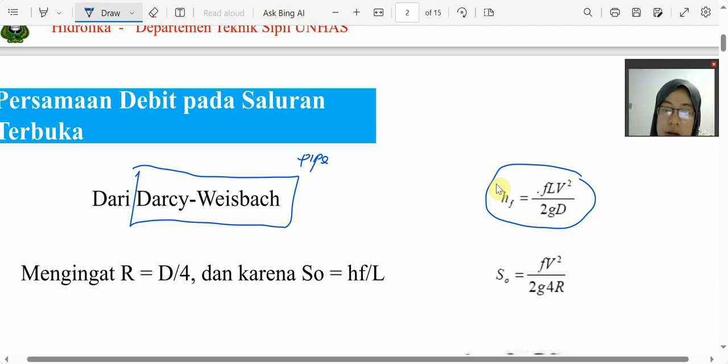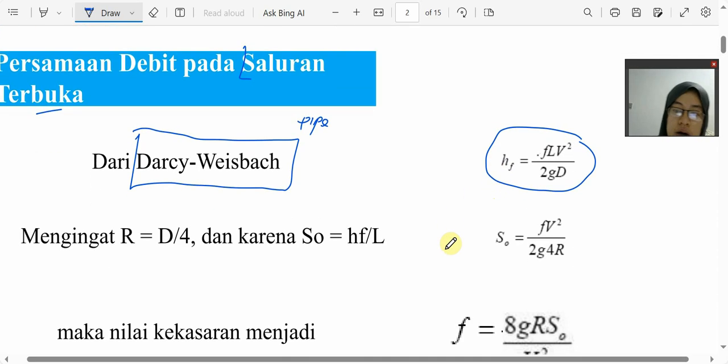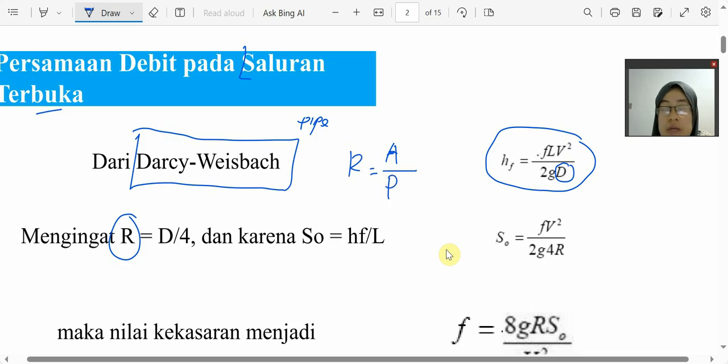If we talk about open channel flow, we do not use the diameter parameter. We use what we call the hydraulic radius, or R. R is the area of the wet surface over P, the perimeter.